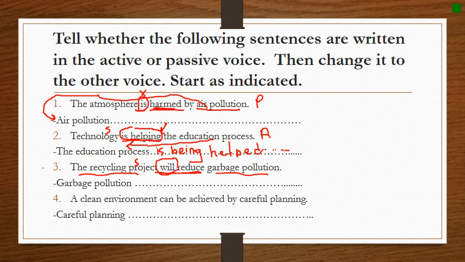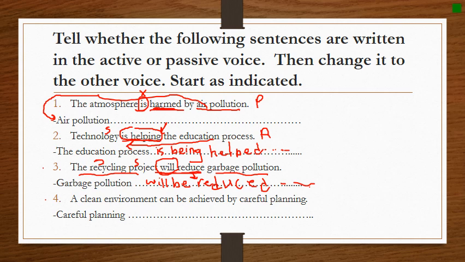Garbage pollution will, and then after the modal, write be, and then the past participle of the main verb, reduced by the recycling project, which is here.